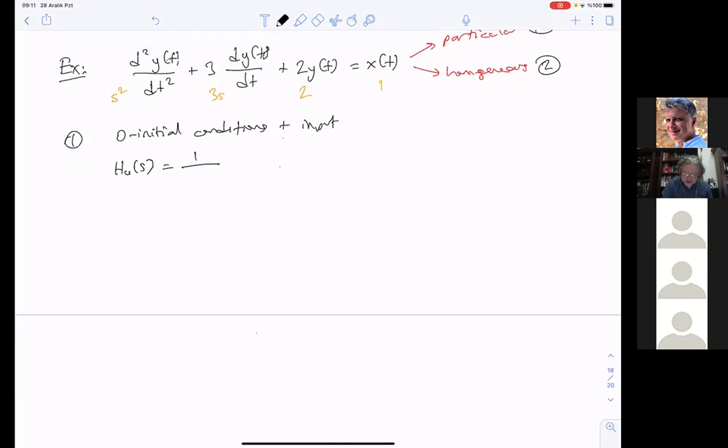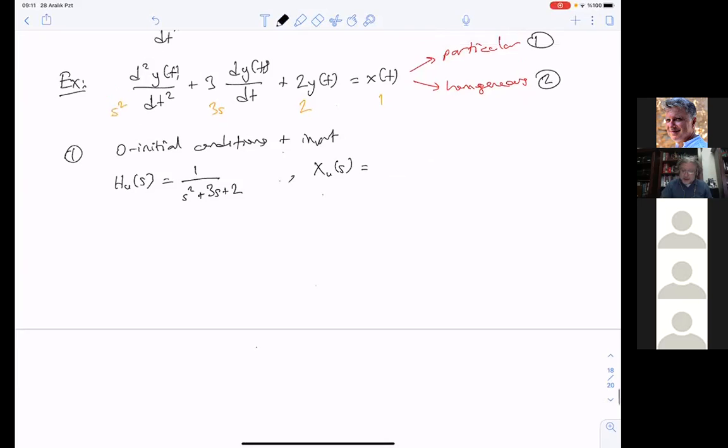The H of S, the unilateral Laplace transform, or the normal Laplace transform of H of T is this: 1 over S squared plus 3S plus 2, okay? And the input, XU of S, is unknown yet, but it has to be known.